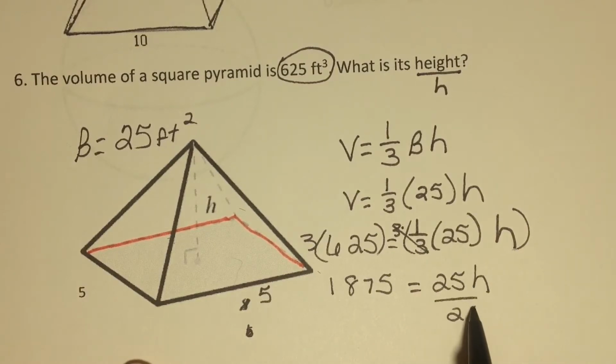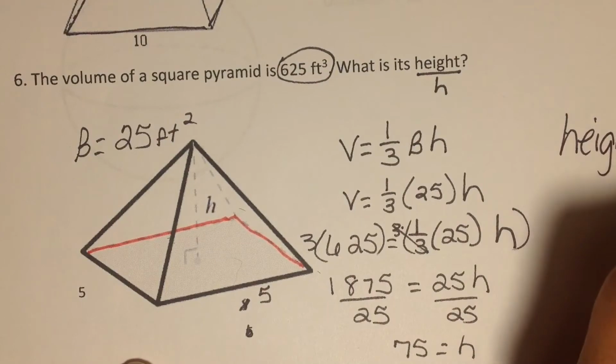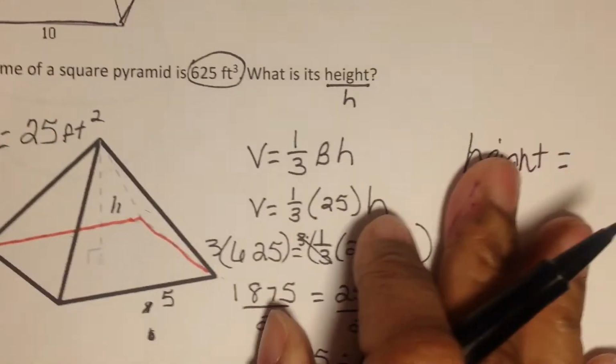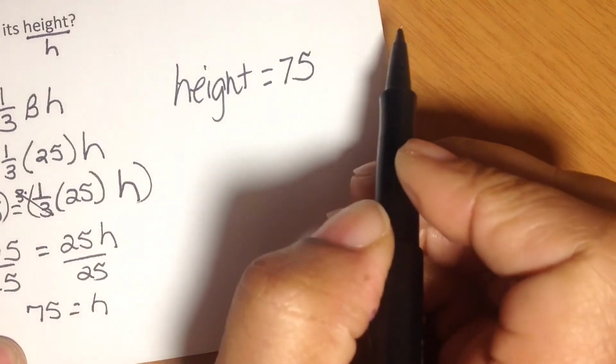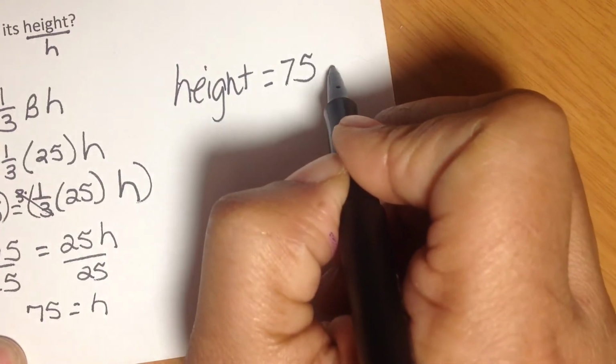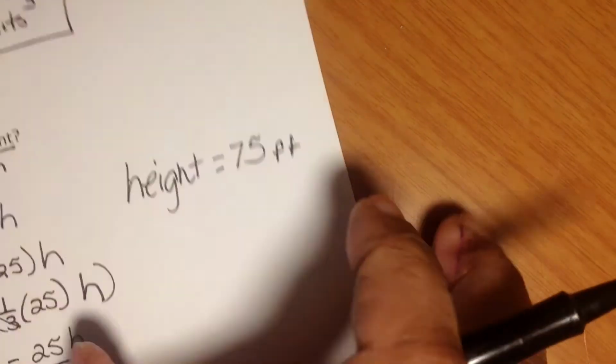The last thing you do is divide both sides by 25. It works out beautifully, because when I divide that, I get 75 is equal to h. So what is my height? My height is equal to 75, what's the units? Absolutely right. Feet.